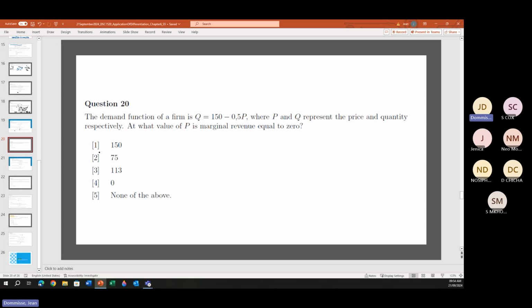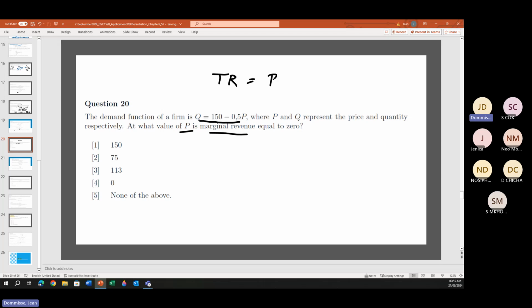Okay, so then we go into another one. So here we've got a demand function where P and Q represent price and quantity. At what value of P is marginal revenue equal to 0? Okay, so first we need to get total revenue.